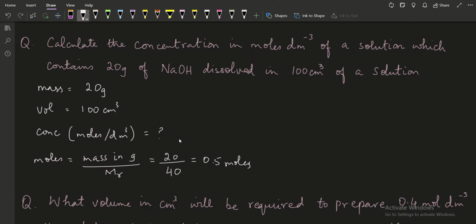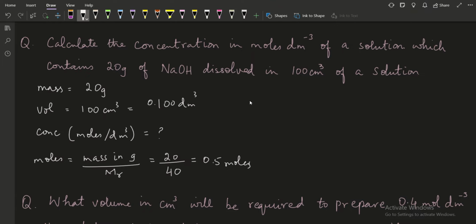And the next thing is that we are asked to calculate concentration in moles per cubic decimeter. But the volume given is in cubic centimeter. So we have to convert it into cubic decimeter by dividing it by 1000, and our answer will be 0.100 cubic decimeter.